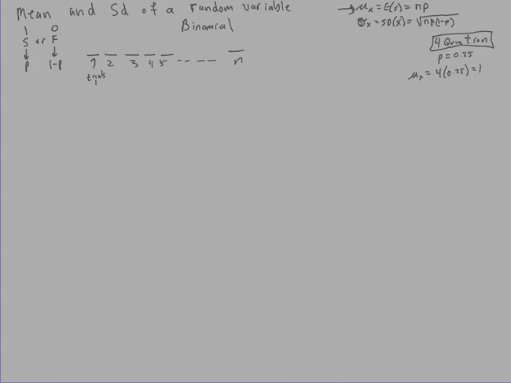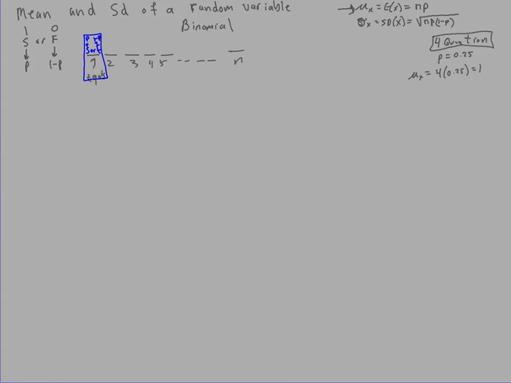But what I'm looking at is just the first one. This is either a success or a failure. If it's a success, the probability is p. If it's a failure, it's 1 minus p.